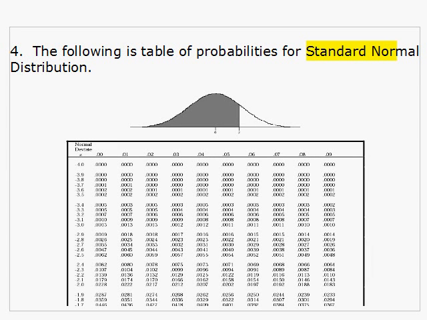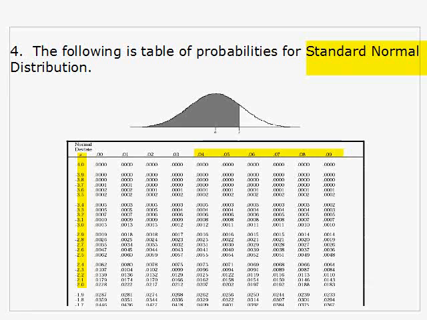You're given the table also of the standard normal distribution. Here's your z-value, will be in this column. The first digits of the z-value here, and the rest of the z-value along the top.